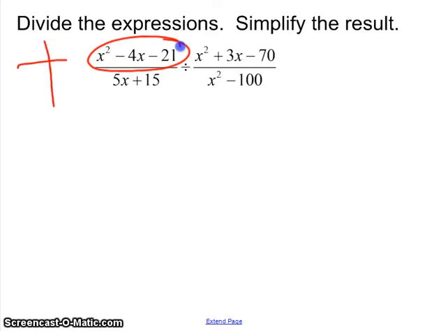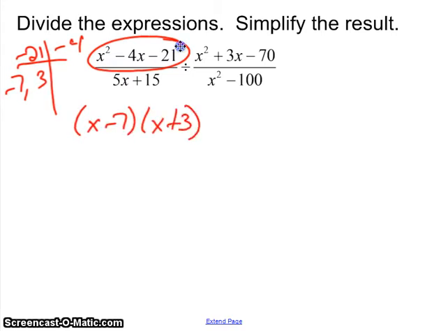My magic numbers, I'm looking for factors of negative 21 whose sum is negative 4: negative 7 and positive 3. Bottom left. That has a GCF. I can divide a 5 out. 5x divided by 5 is x. 15 divided by 5 is 3.